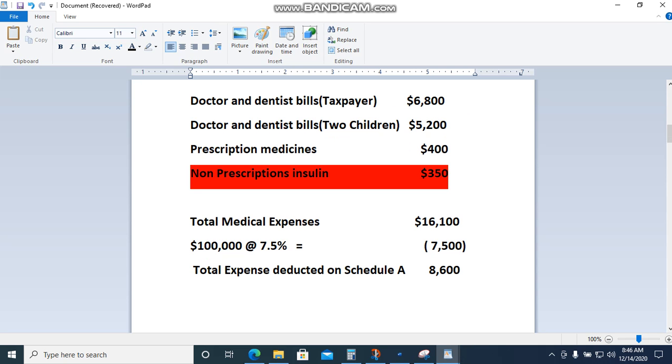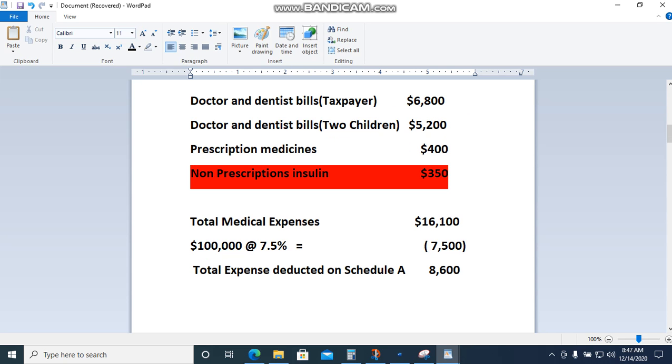Now, most people would think that you can deduct the $16,100. Not so. You can only deduct the amount exceeding 7.5% of your total income. So if you look at this calculation here, as I mentioned earlier, you have $100,000 of income times 7.5%.